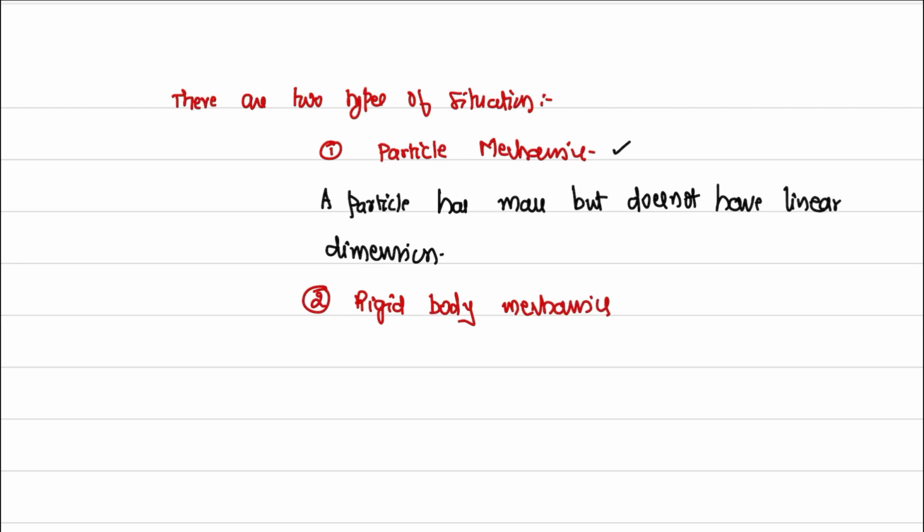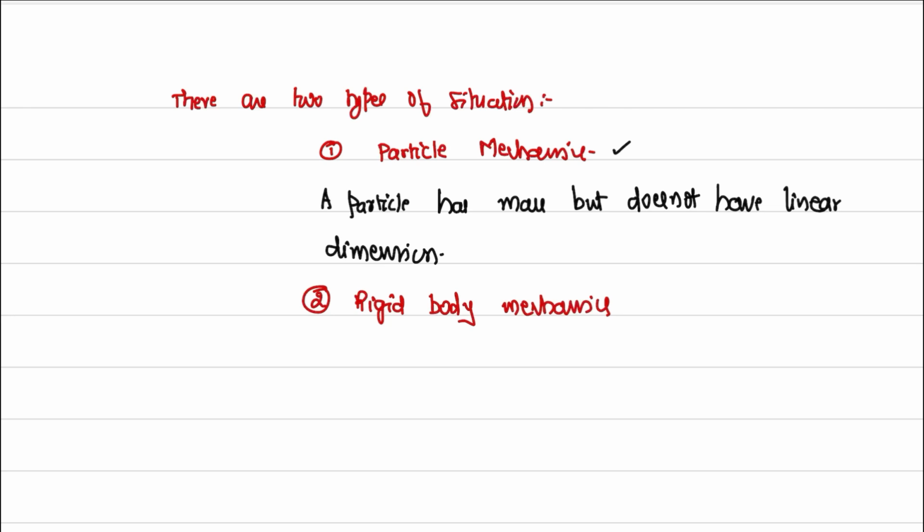In rigid body mechanics, a rigid body is a collection of particles. That means it is not a single particle mechanics. Here, the size of the rigid body matters. The mass of the rigid body matters.